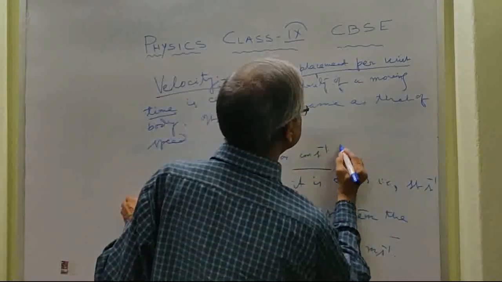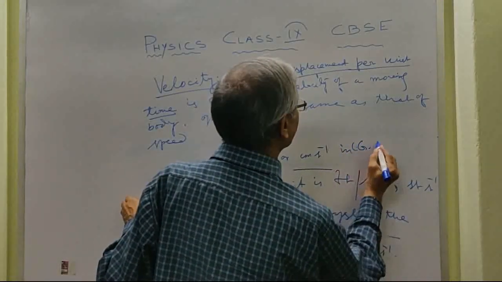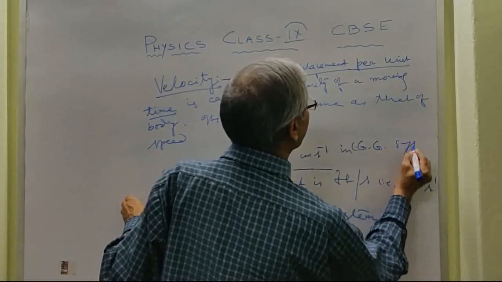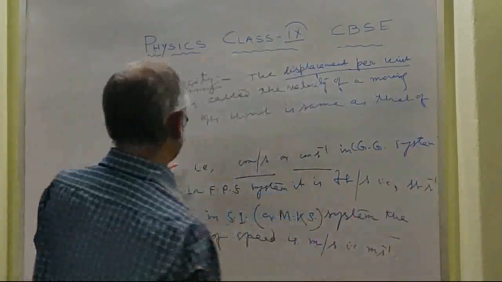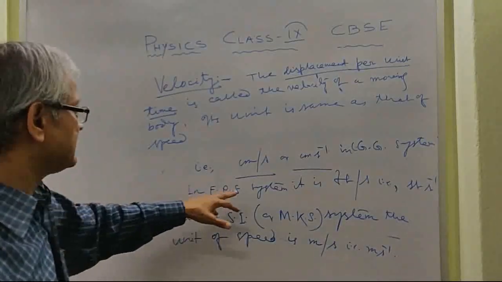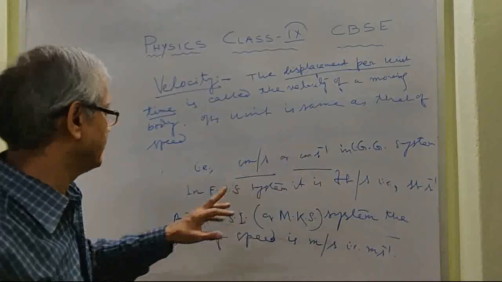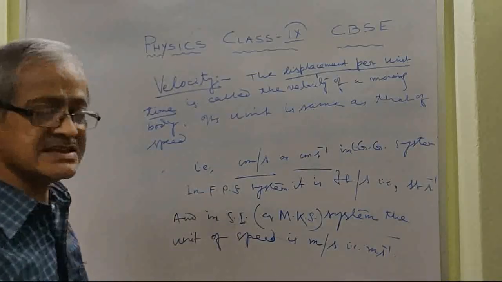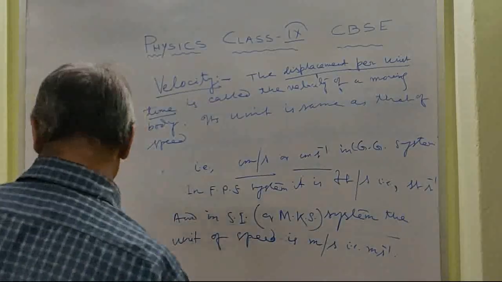So in CGS system it is centimeter per second. In FPS system it is foot per second, and in SI system it is meter per second.